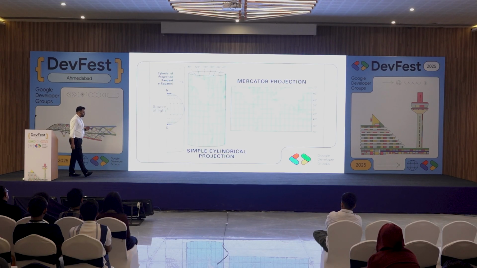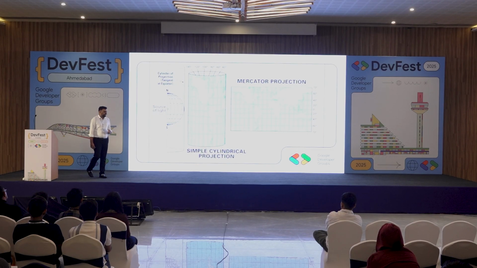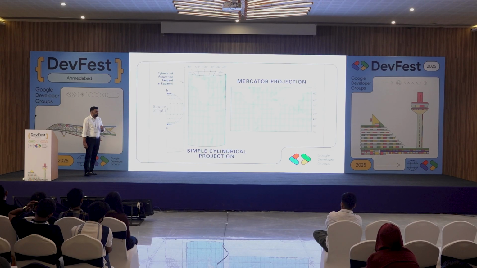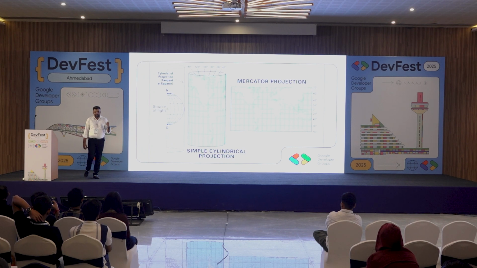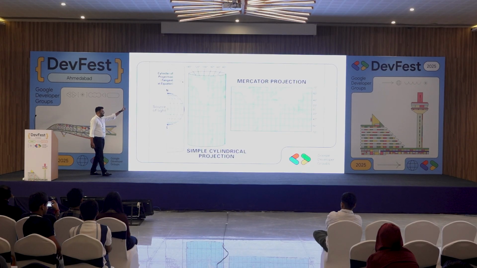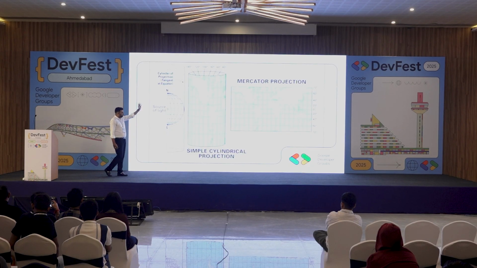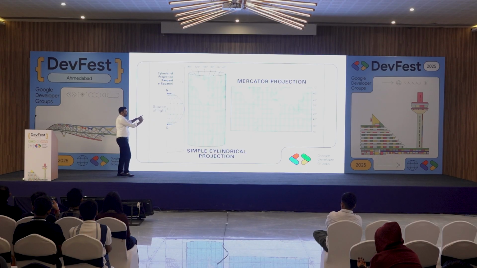For that, we are using the Mercator projection. How does it work? Let's consider there is one source of light at the center of the Earth. It projects, or we can draw lines, onto a simple cylindrical projection. Then we flatten that out.